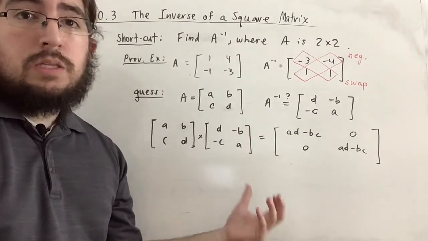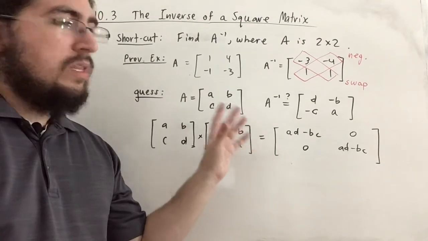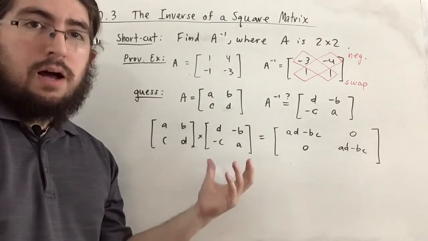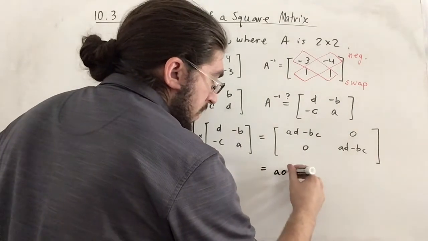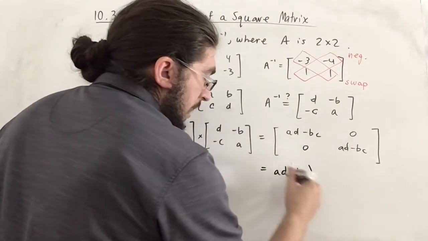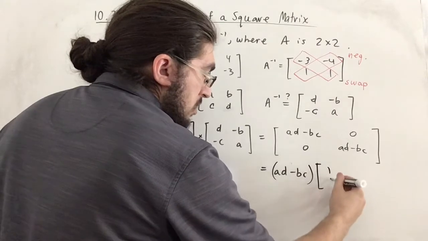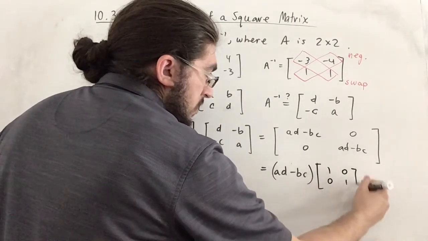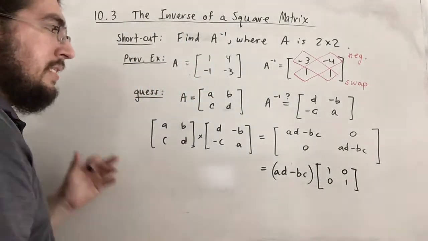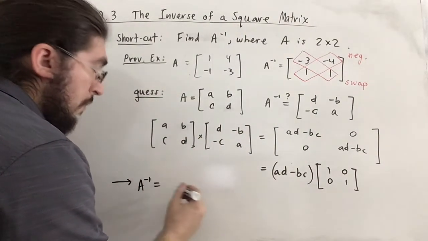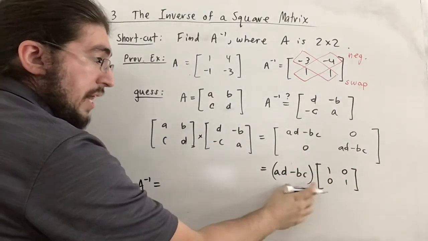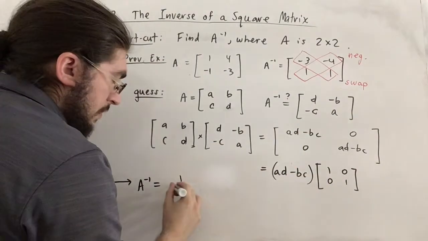It looks close though. In fact, if you think about it, this is really just a scalar multiple of the identity. In fact, really this is just the quantity AD minus BC as a scalar multiplied to the 2 by 2 identity 1, 0, 0, 1. So with that being said, A inverse must really be this, but divided by this quantity here, which is kind of strange.